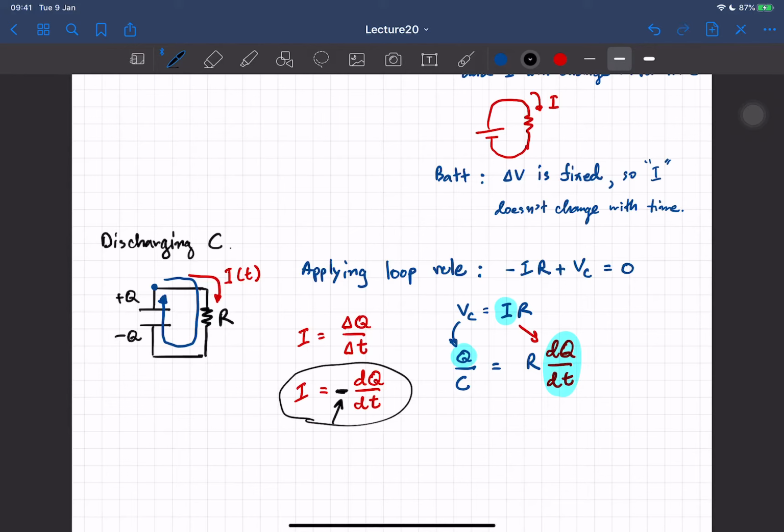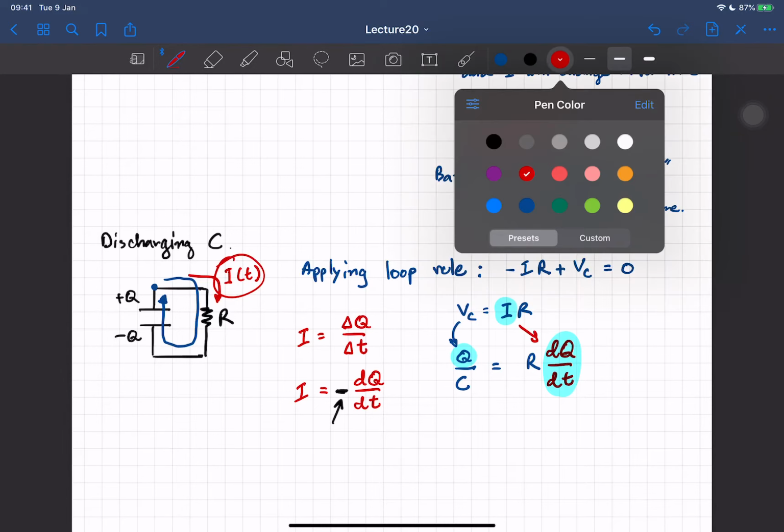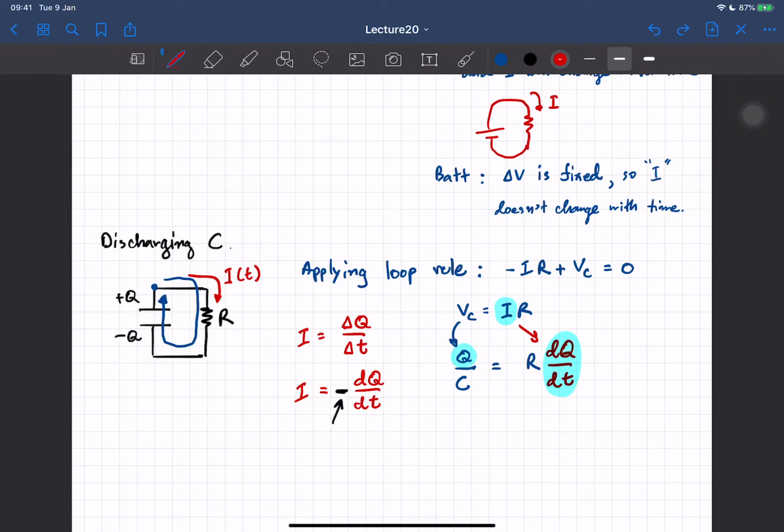Okay, so there's nothing wrong with this. You can say, okay, how can this be, because the definition of the current is like that. Well, sure, that's true, but I have the freedom to call the current flowing one way positive and the other way negative. That's why we need a minus sign here. If for whatever reason you choose the direction of the current to flow the other way around, then you don't need a minus sign here, right?